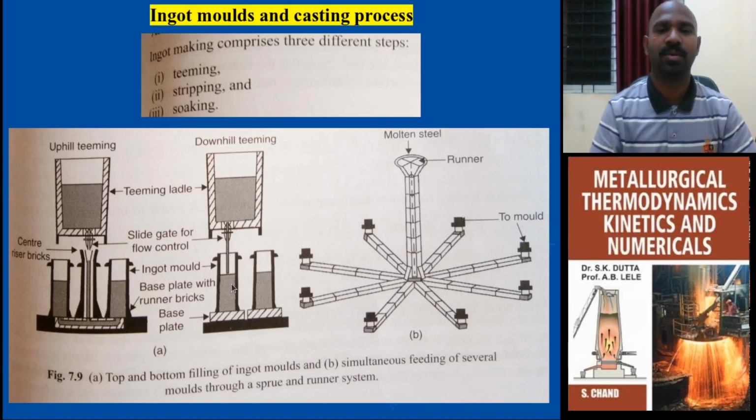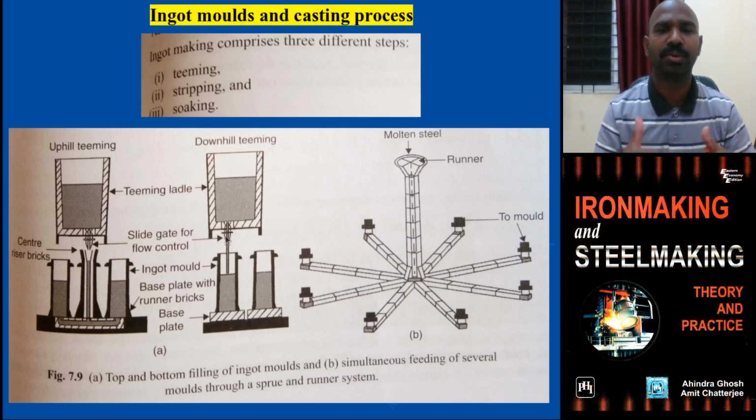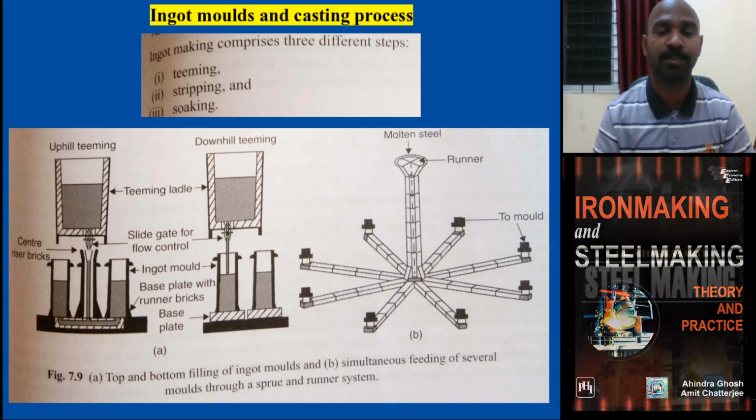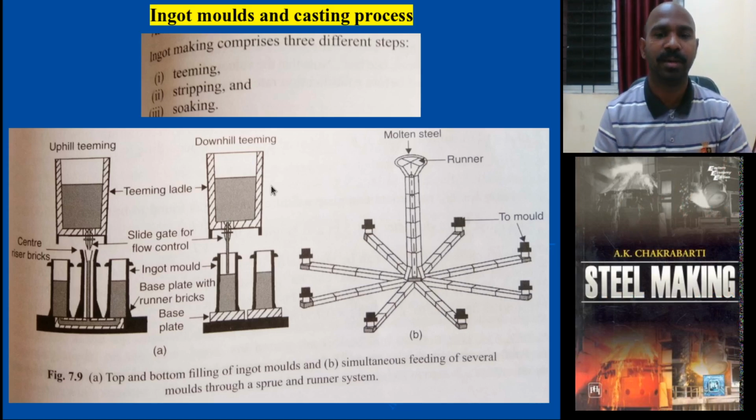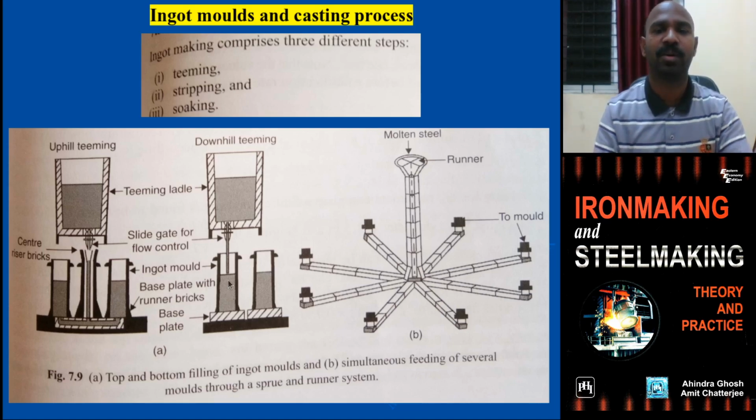After filling one mold, using this shroud with the slide gate flow control from the teeming ladle, you allow it to solidify, and you need to move with the crane mechanism to another mold. Whereas in the case of the uphill process, the fill is forming from the upside, and here the fill is formed from the downside.